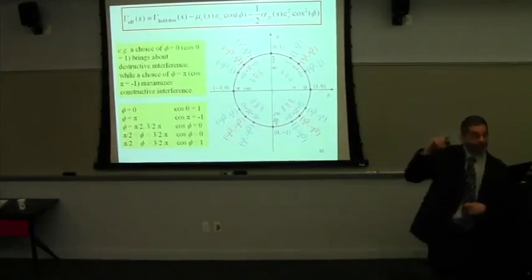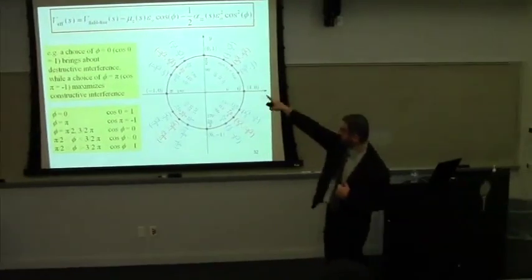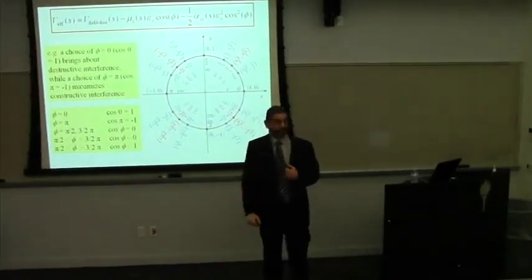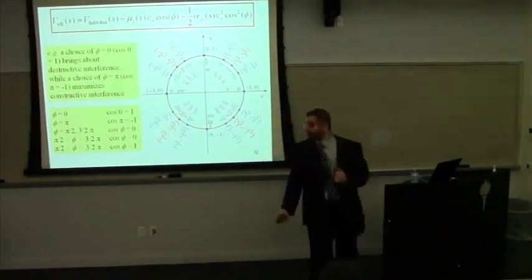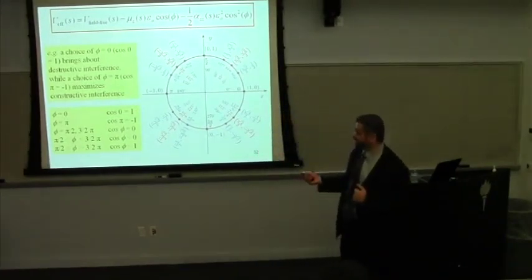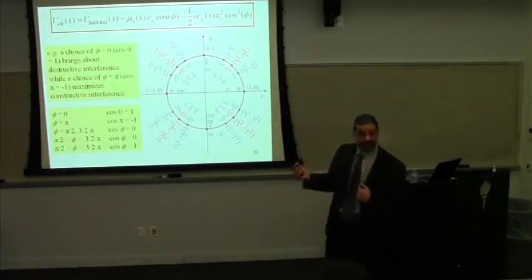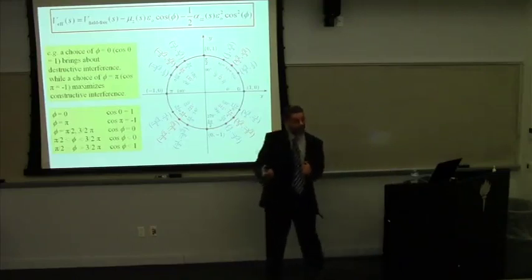Why? Because the mu is negative. So negative and negative is a plus. This comes with a negative sign, destructive interference. If you pick pi as your phi, then this is negative, negative plus, negative becomes negative, so negative and negative, maximizing the stabilization.